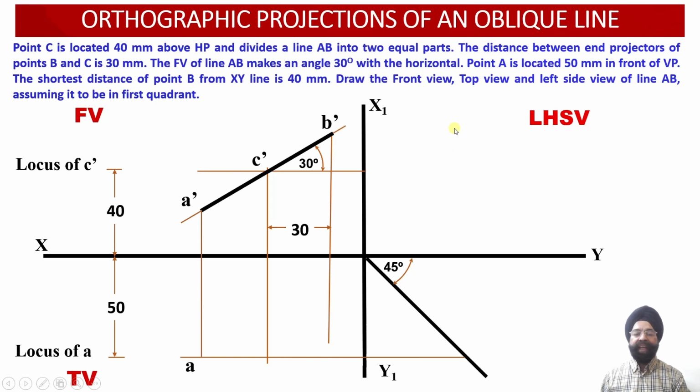This way one horizontal locus line through the point A has been drawn and extended to meet the transfer line at this particular juncture.